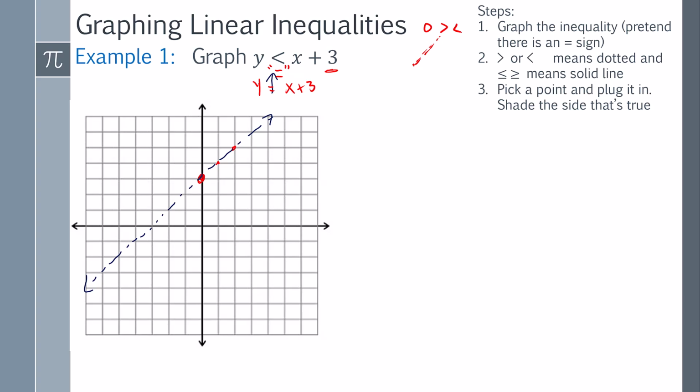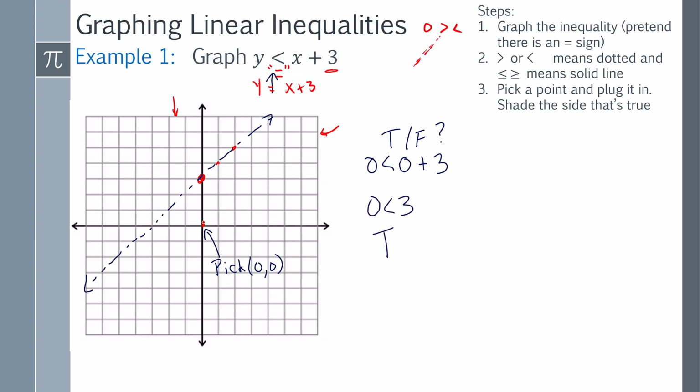Then the question is, do I shade on this side or on this side? The way we figure it out is to test a region or test a value, plug it in and see if it's true or false. For example, what if I picked 0, 0? You plug it in and see if it's true or false.